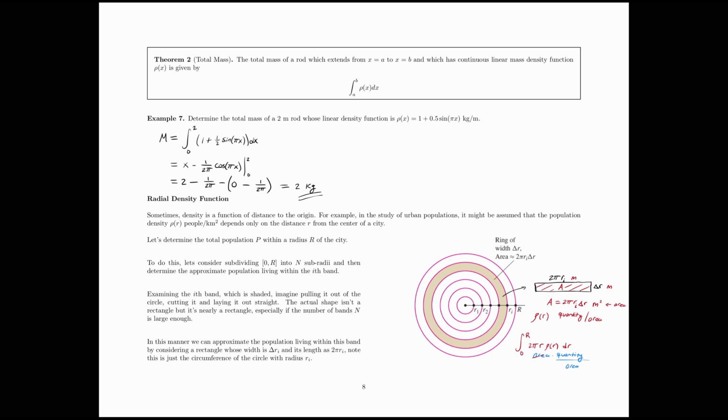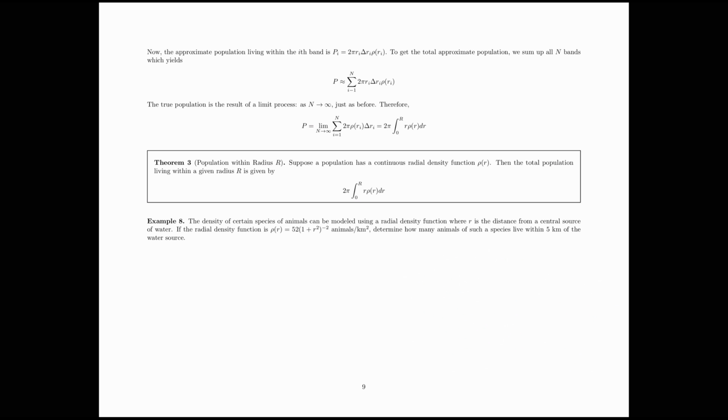So the areas cancel, and this would give us the total quantity, whatever that quantity is. Okay? And essentially that's what we have going on, approximately. And then if we take the limit as n goes to infinity, this is the definition of a limit of Riemann sums, the definite integral, and this is what we get.